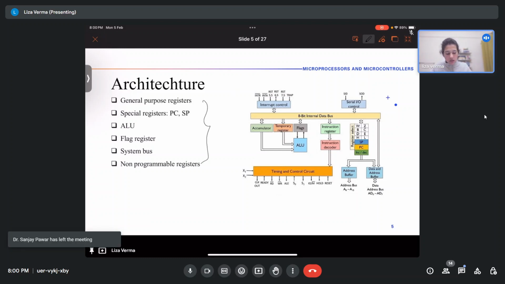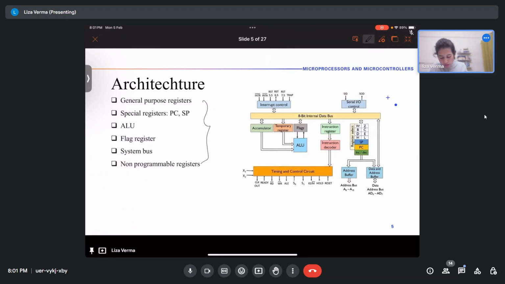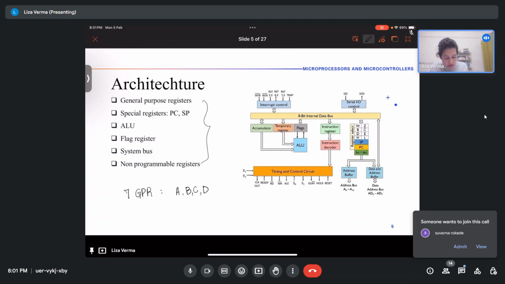So in architecture, we'll see that there are basically seven general purpose registers in 8085, namely A, B, C, D, E, H, and L, right?